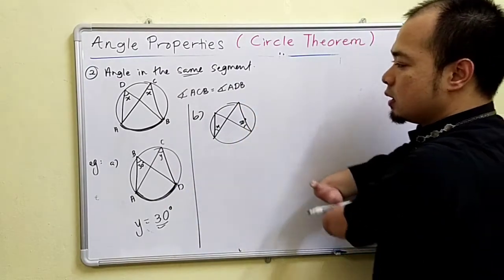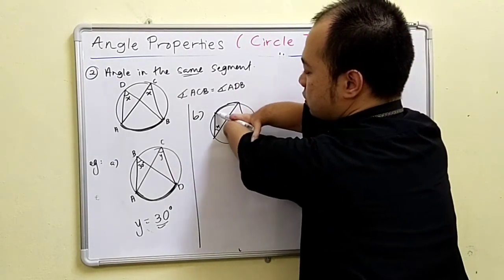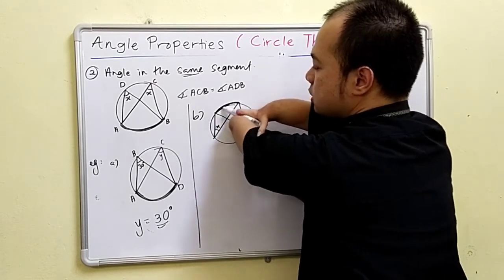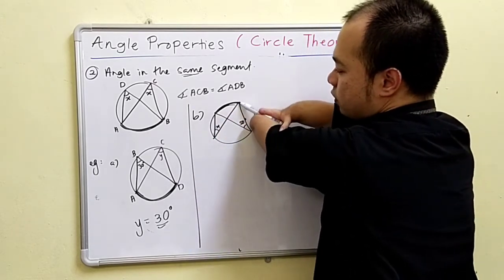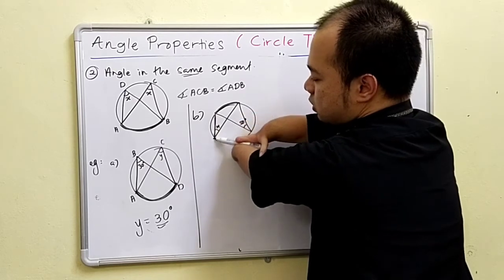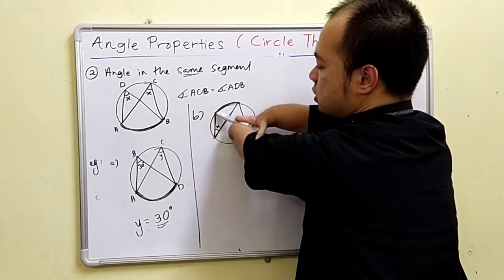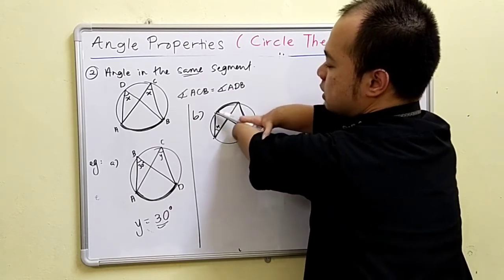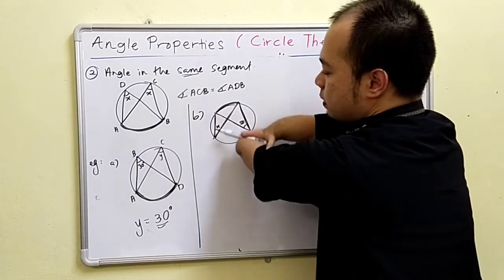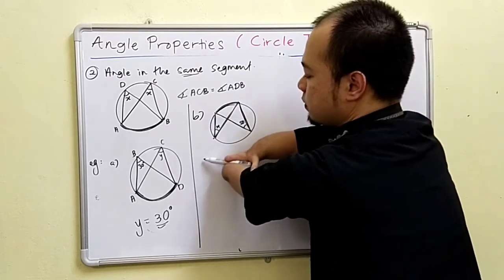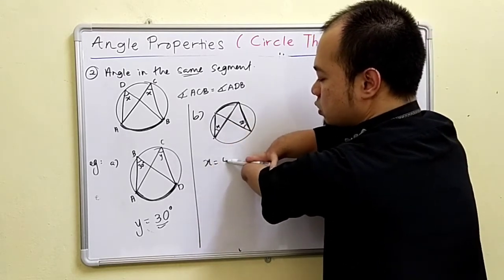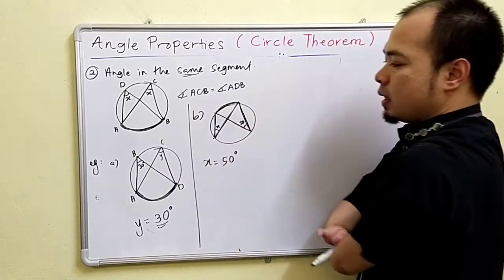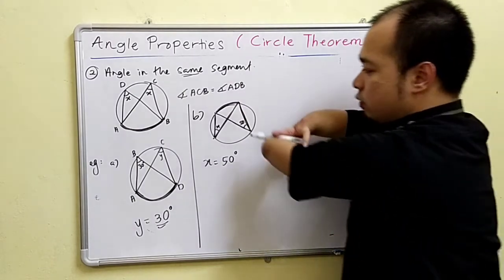If not, you can just see from here. I know this is the segment that they use. From here, go here, come back here. From here, go here, come back here. They are coming from the same segment. So since it's coming from the same segment, the value of angle x will also become 50 degrees.